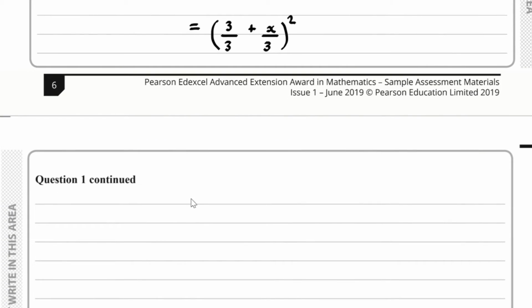In other words, we can conclude S is equal to (1 plus 1/3 x) squared. The value of a is 1/3, the value of n is 2.